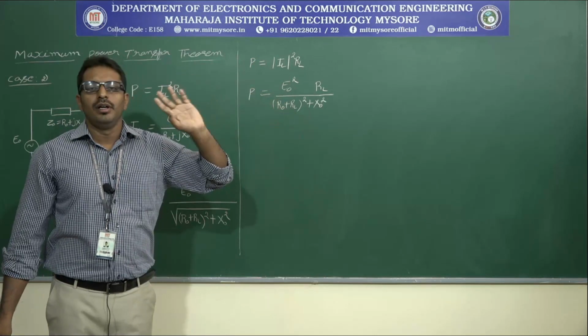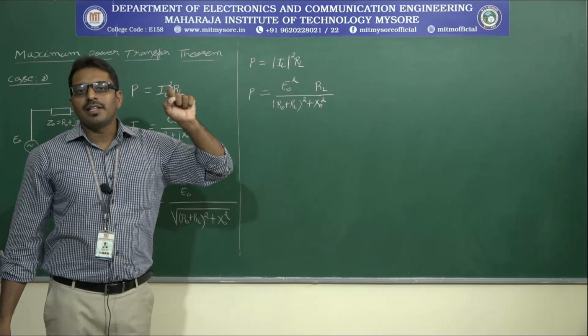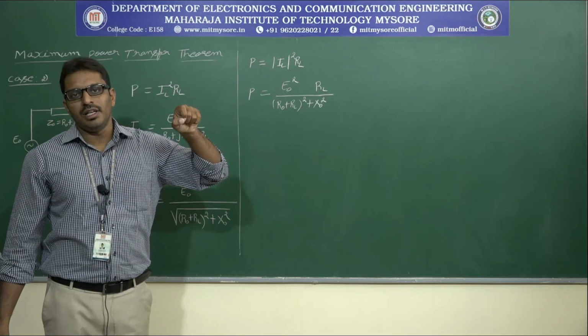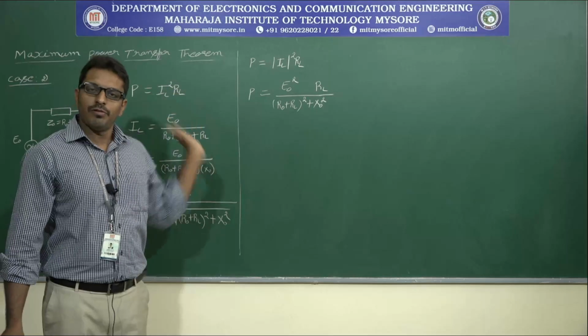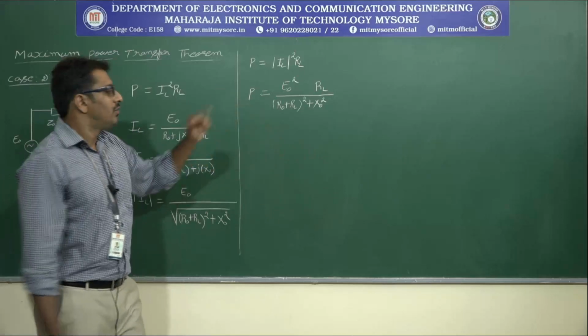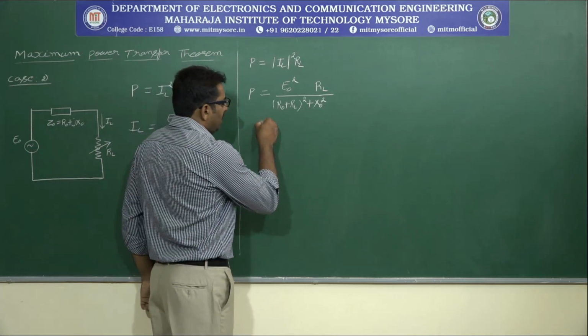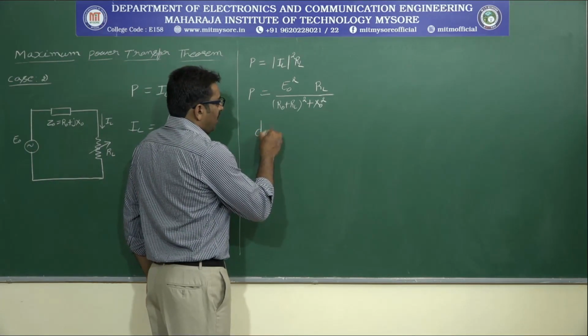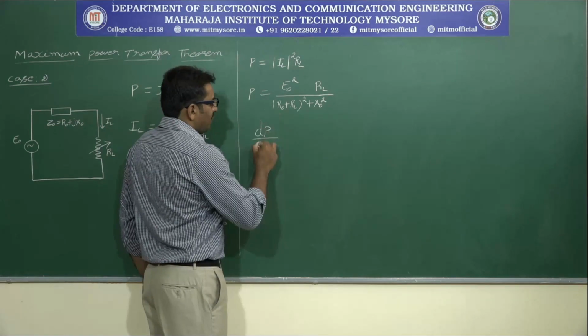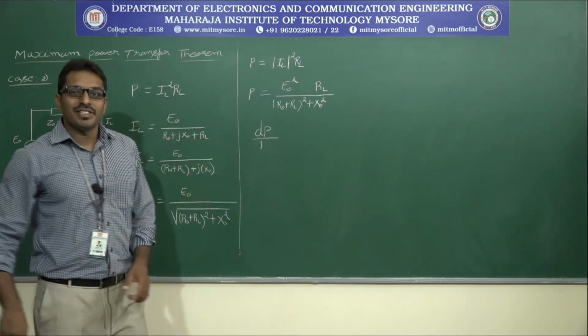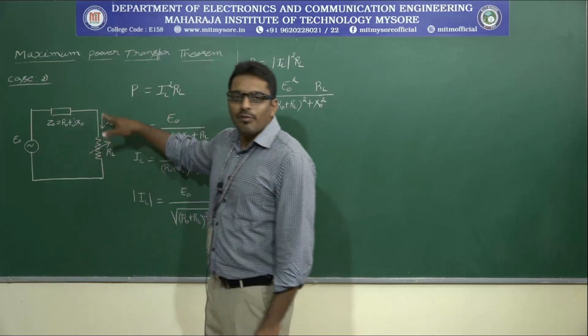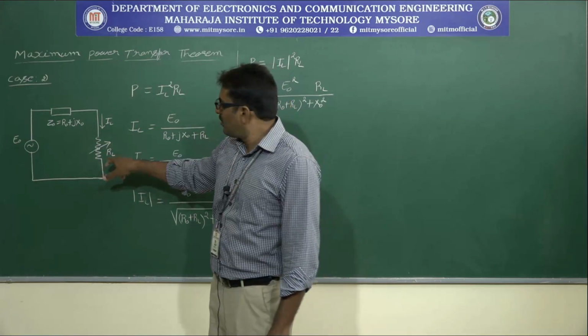Now we are going to get the maximum power, the condition in which we can transfer maximum power from source to load. What is the condition for maximum power? Differentiate this power with respect to the variable present in the system. Once again, the one and only variable in this circuit is RL.